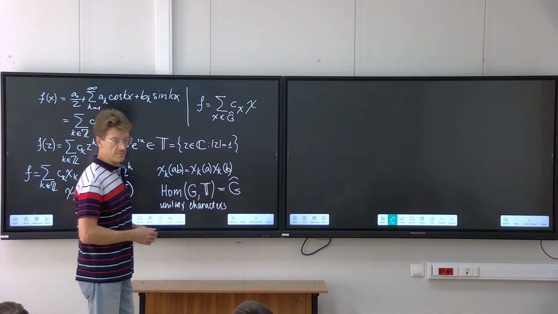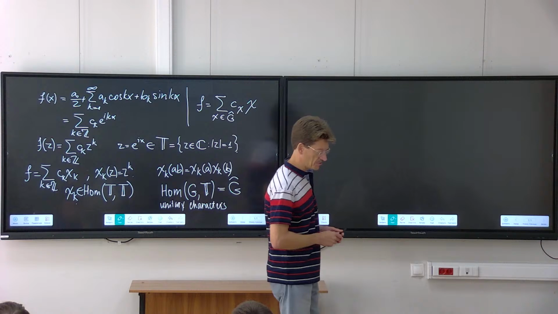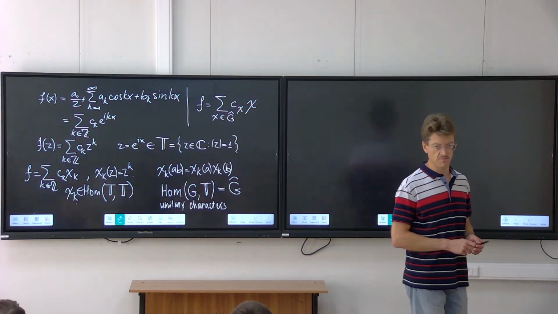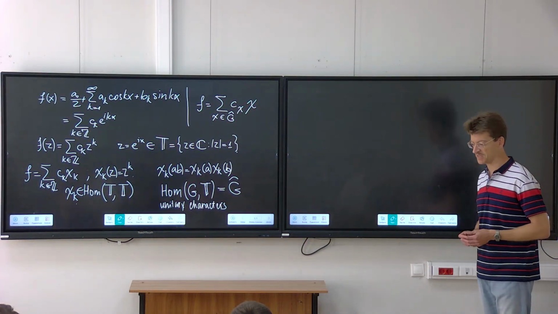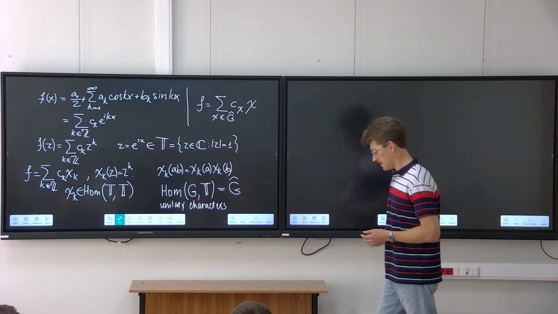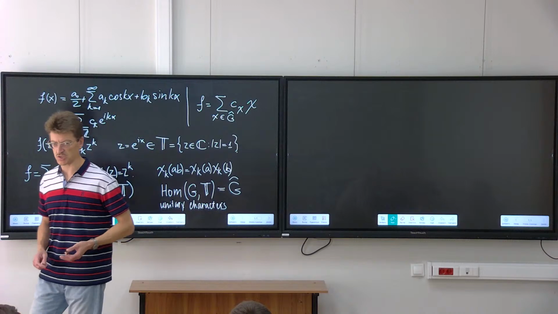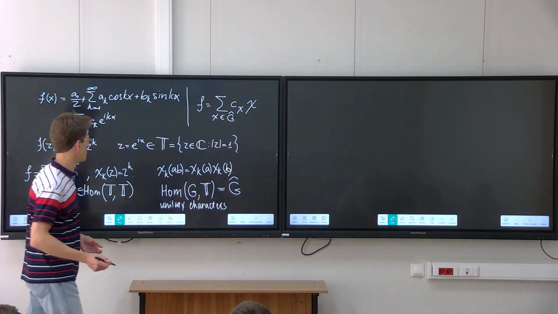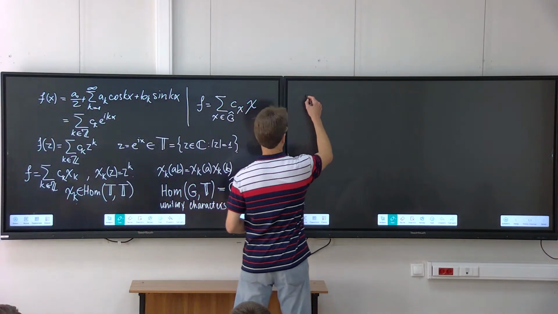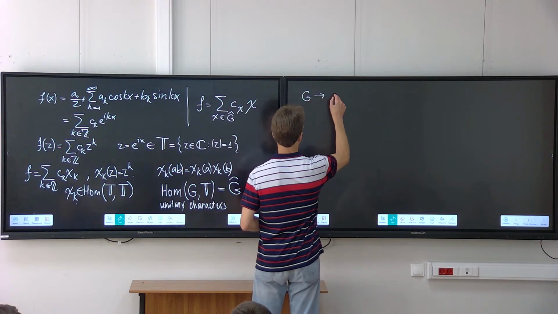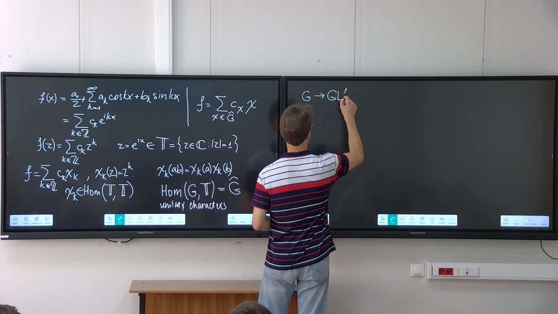Well, harmonic analysis is closely related to another classical field of mathematics, namely representation theory. So representation theory studies representations of groups, that is, homomorphisms from a group to the group of invertible linear operators on a vector space.